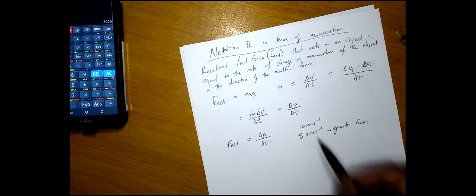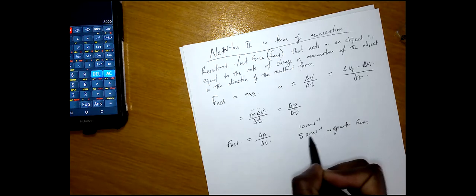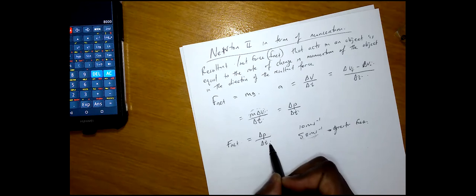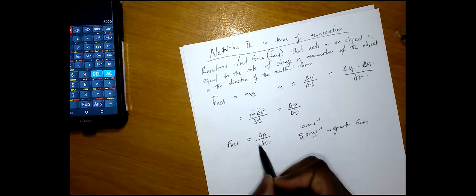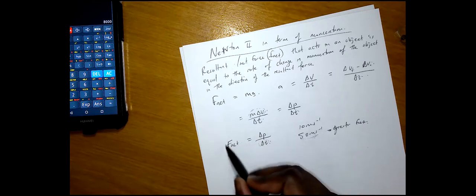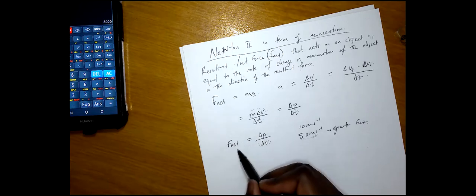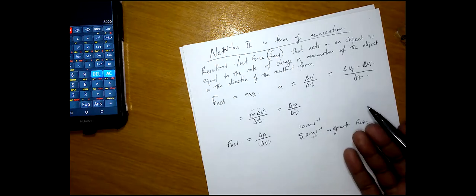How? Because if it's coming with this high speed, with this velocity, it will spend less time. If the time is less, we probably have more pain here. If someone just throws at 10 meters per second, you won't feel much pain.